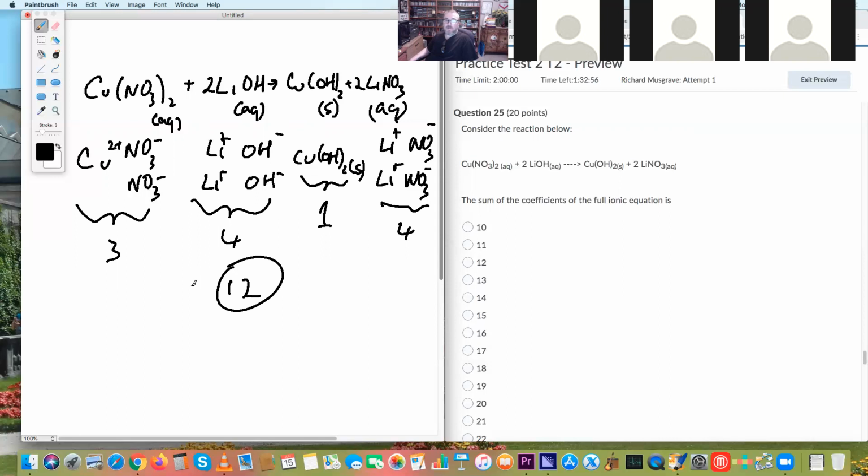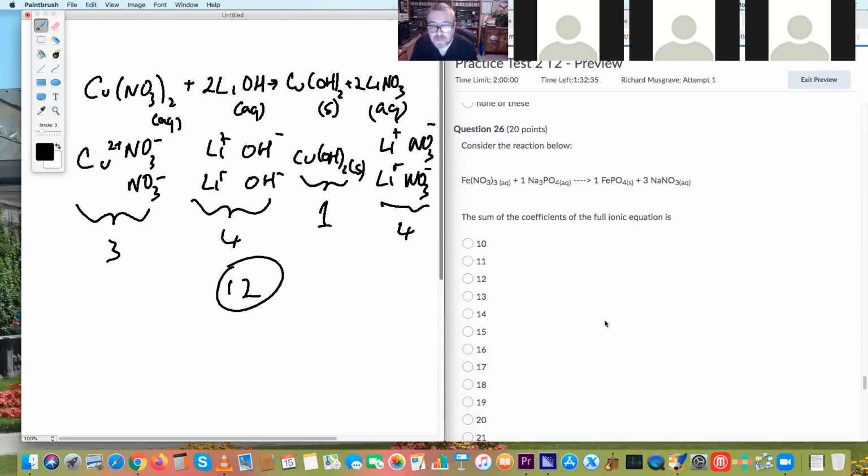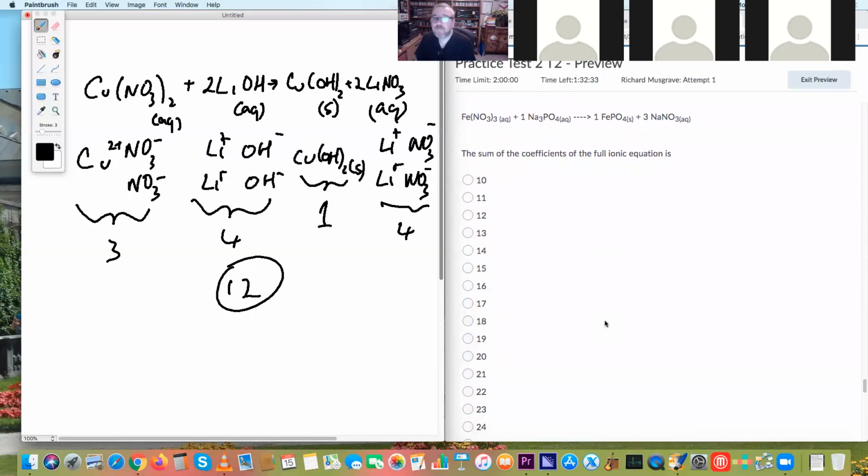Any questions about that from any of you? No questions? Okay. Why don't you all try this one? Give this one a go. So we're looking at the full ionic equation.